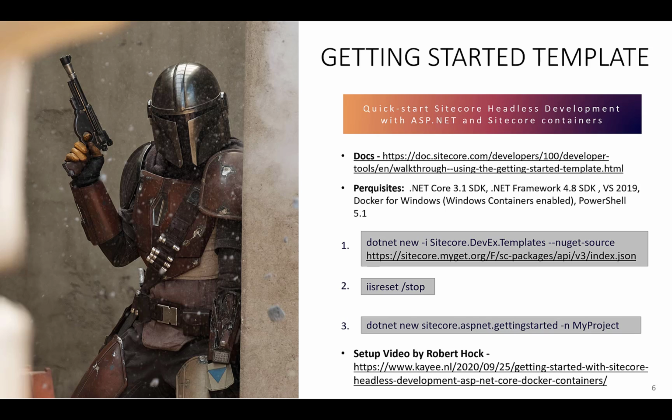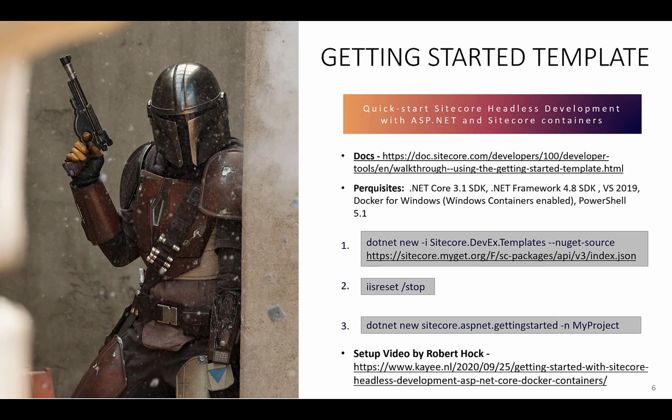Once you've got the prerequisites installed, the next step is to follow the link in the documentation there for the Getting Started template. There are 3 core steps here. The first step is to download and install the template. Then you need to stop IIS.